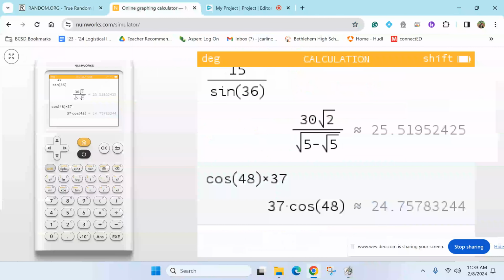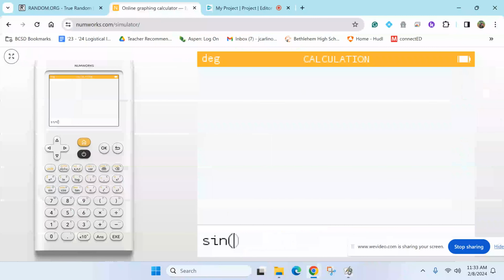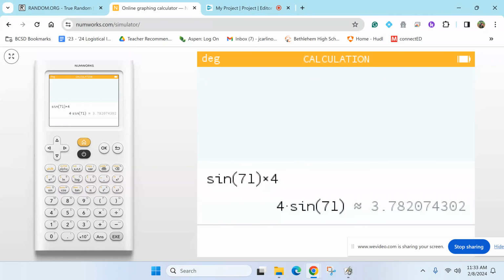I'll even do it on the calculator with you. Oh, 3.8. We're good. That rounds at 3.8, right?